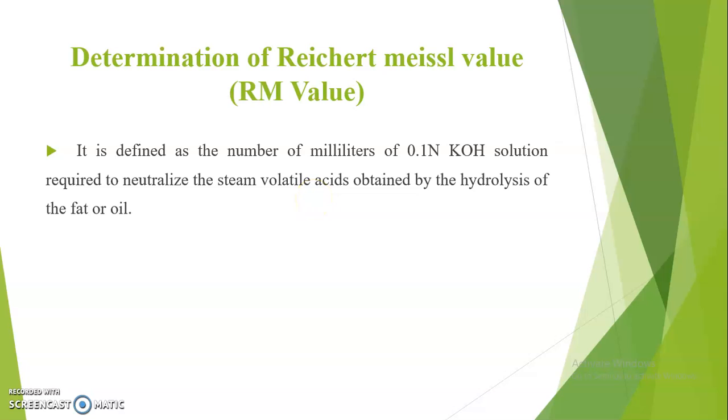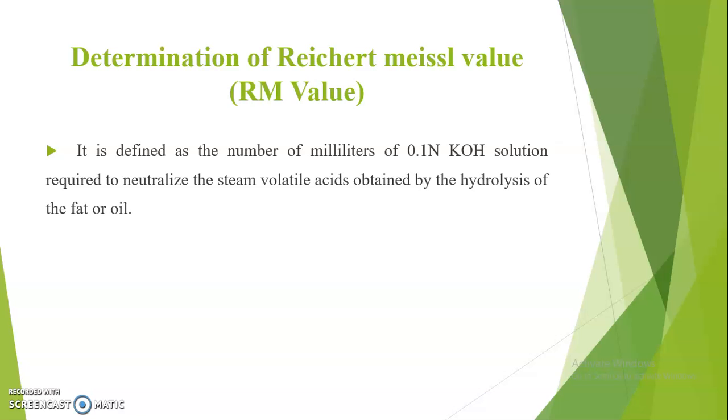Only lower molecular weight acids, consisting of fewer carbon atoms, are generally volatile in nature. These volatile acids are measured by using the Reichert Meissl value, that is the RM value. So this is the definition of this particular RM value.